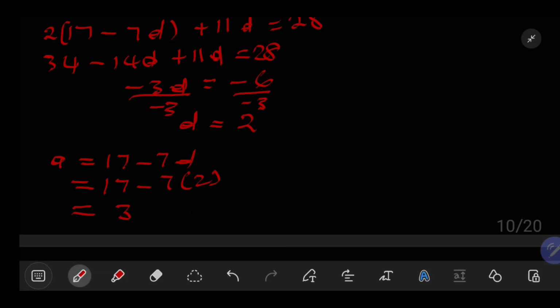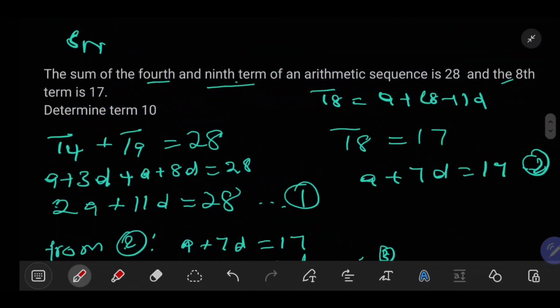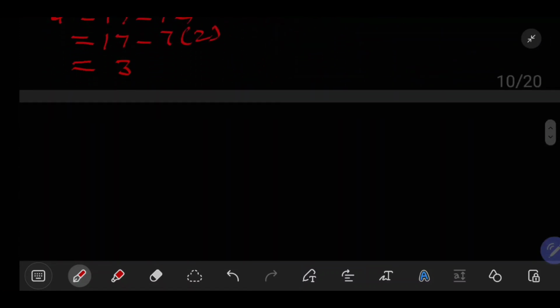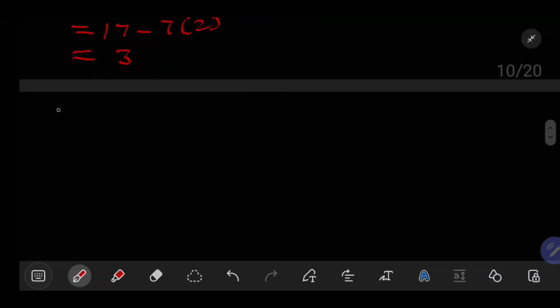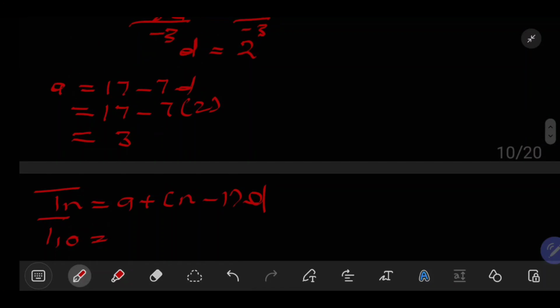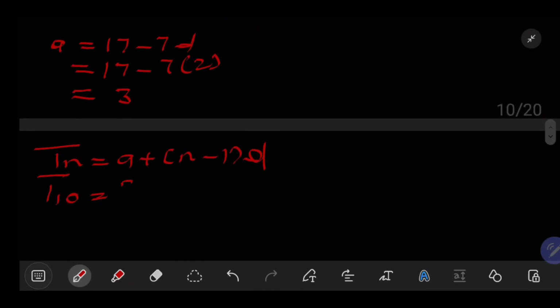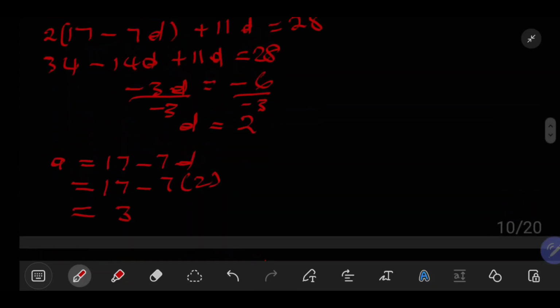Okay, so we haven't answered the question yet. The question was saying determine term number 10. How do we determine term number 10 in an arithmetic sequence? We know that Tn is equal to a plus (n minus 1) multiplied by the difference. So term number 10 will be equal to, the first term a, which is 3, plus, we're looking for the 10th term, so 10 minus 1, and then our difference is 2.